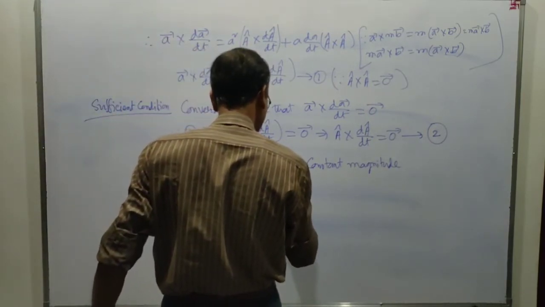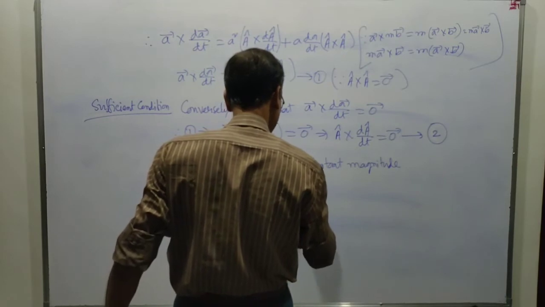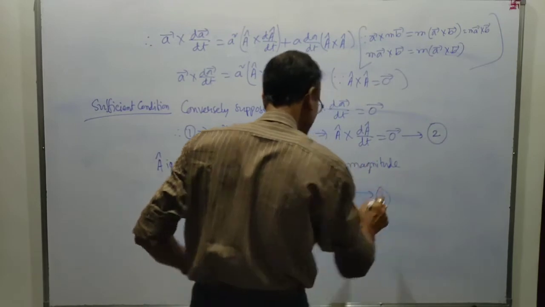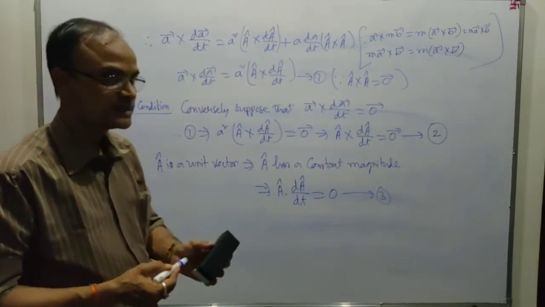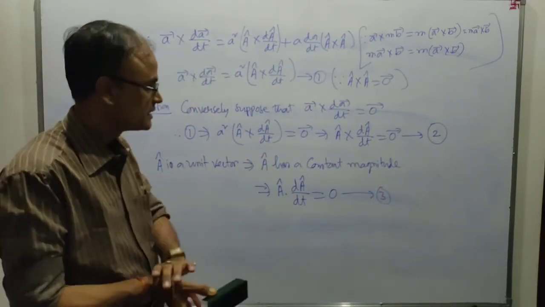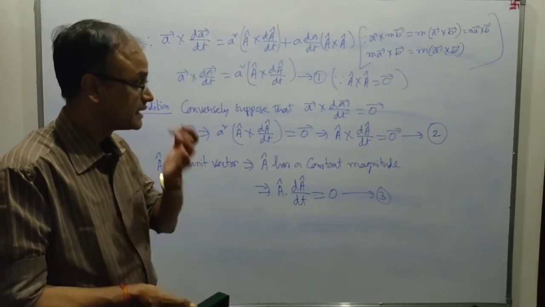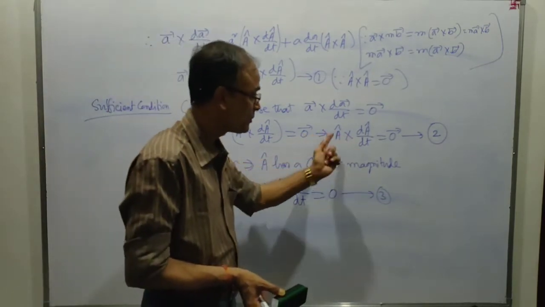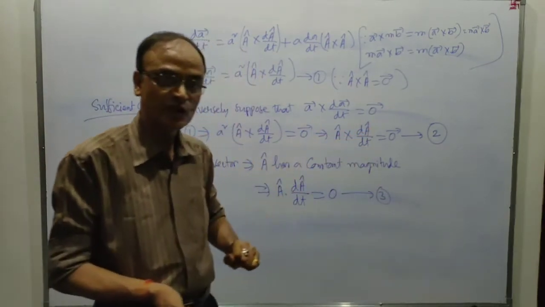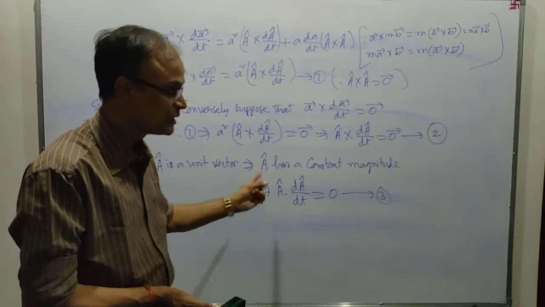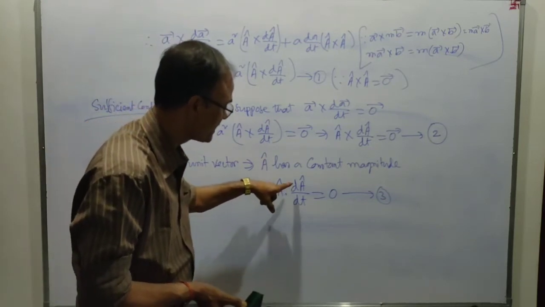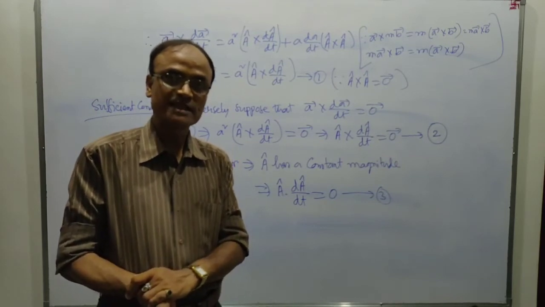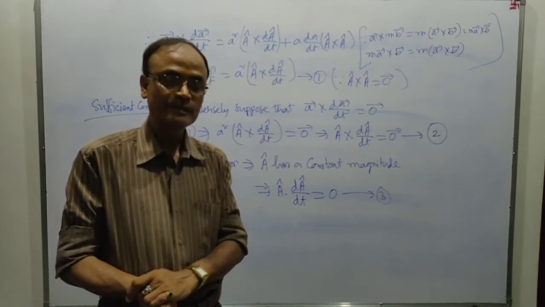This means by theorem 4 you will get the dot product of A cap and dA cap by dt is equal to 0. From 2 and 3, the cross product of A cap and dA cap by dt is 0 vector, and the dot product of A cap and dA cap by dt is also 0. What does it mean?